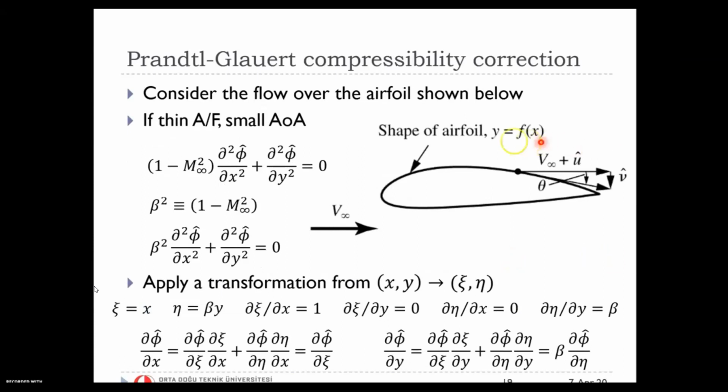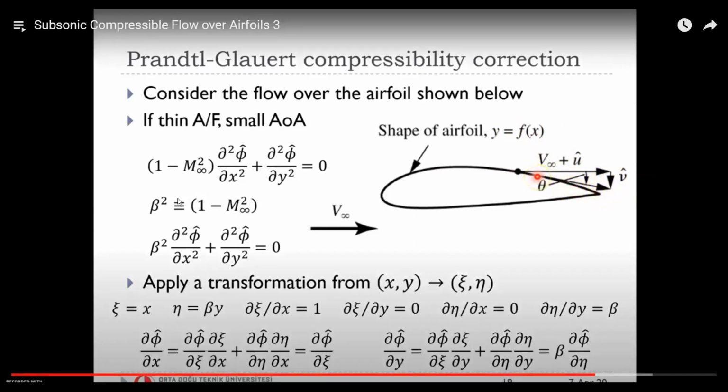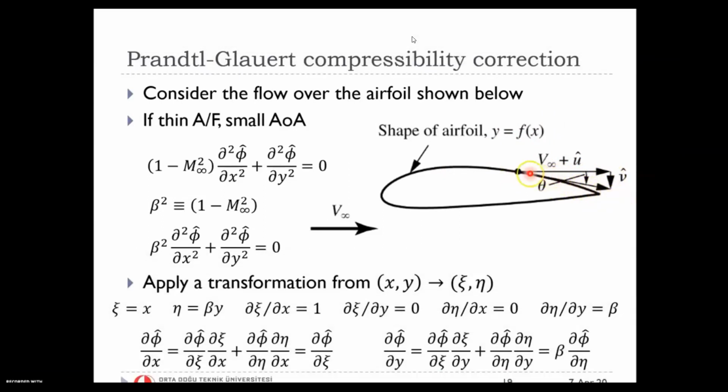So let's consider this airfoil shown here, and the shape of the airfoil is defined by a function y equals some function of x, and we have the u component of the velocity, that's V infinity plus u hat, and the y component of your velocity, that's directly v hat, and of course you have the flow tangency condition here. This angle theta is also the angle of the tangent of the surface at this point.